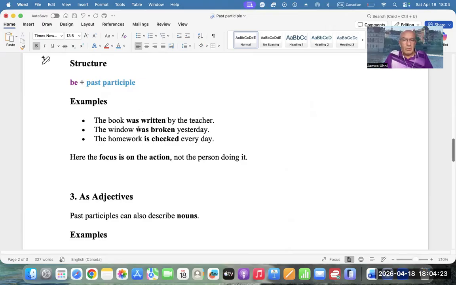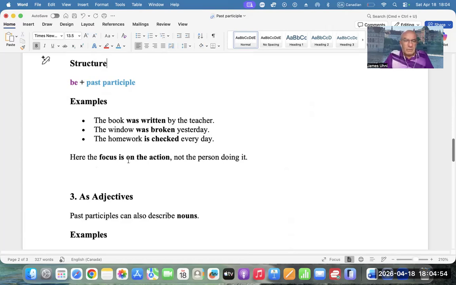The window was broken yesterday. Was, helping verb be. Broken is not necessarily a verb. The homework is checked every day. Is, helping verb be, and checked is past participle.